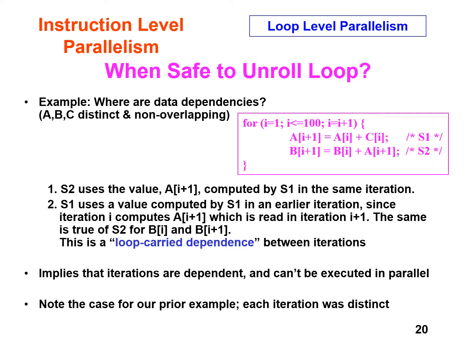So the dependency is carried over the looping statements. This is one main thing: loop carried dependency between iterations in the for loop. This implies that the instructions are dependent and cannot be executed in parallel. So loop carried dependencies cannot be executed in a parallel way.